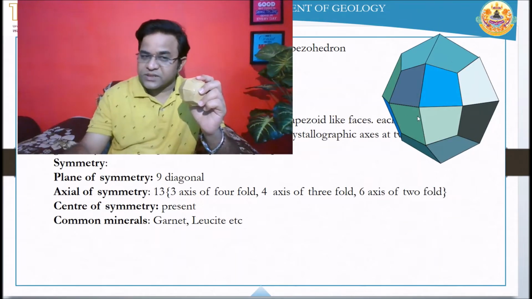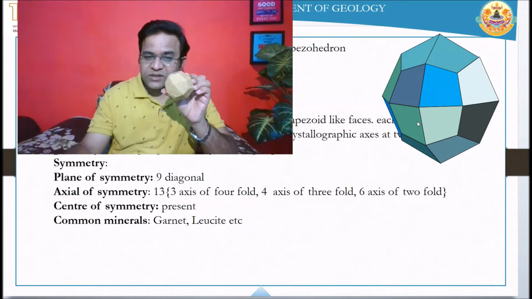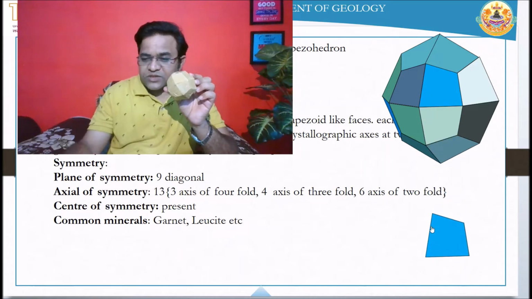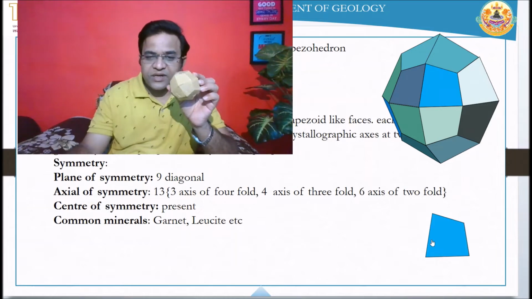You can see this is the front face, and the same face is on the PPT also. So you can easily recognize that these two sides are of equal length, and these two sides are of equal length. This is a special kind of trapezium.